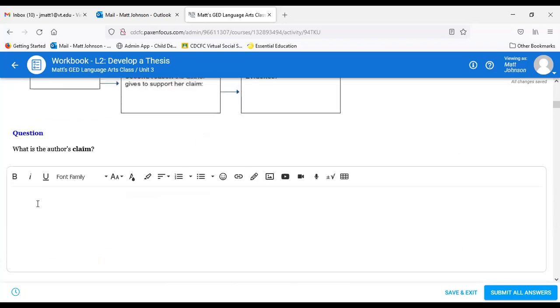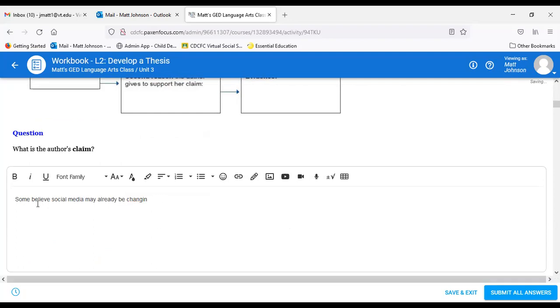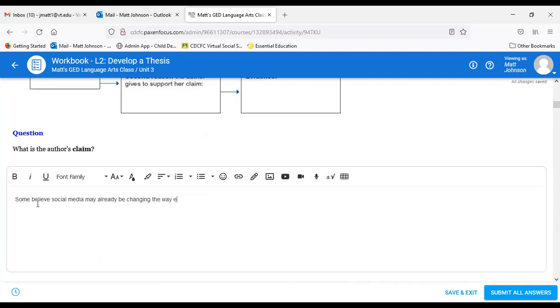So some believe, I don't know why they capitalize social. Social media may already be changing the way people think.